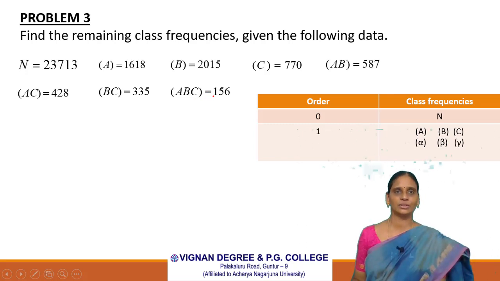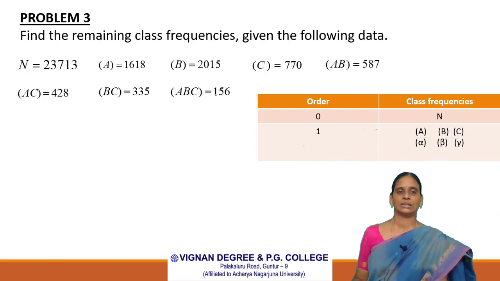So in this problem, here 3 attributes are there. Since there are 27 class frequencies of all orders with respect to 3 attributes. So here we are given only 8 class frequencies. 1, 2, 3, 4, 5, 6, 7 and 8 class frequencies. And the remaining class frequencies, that is 27 minus 8, that is equal to 19 class frequencies are found as follows.